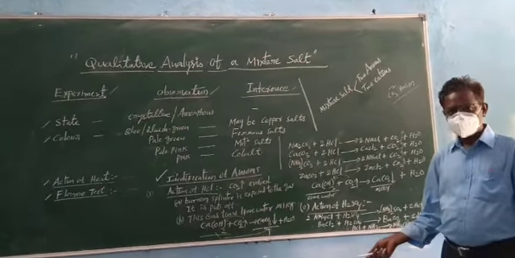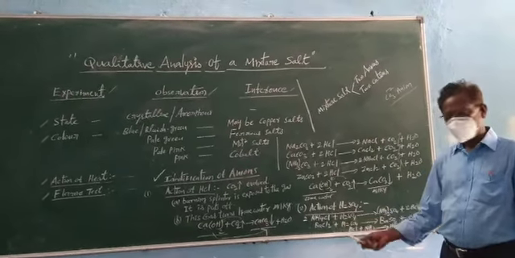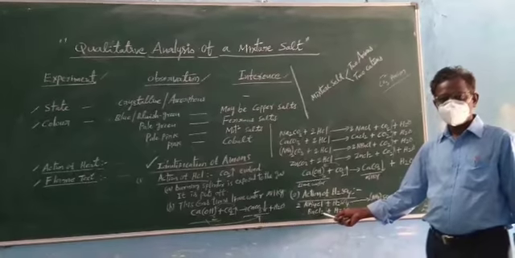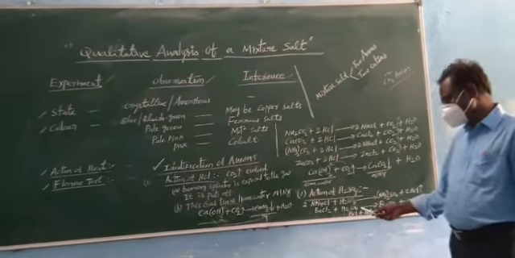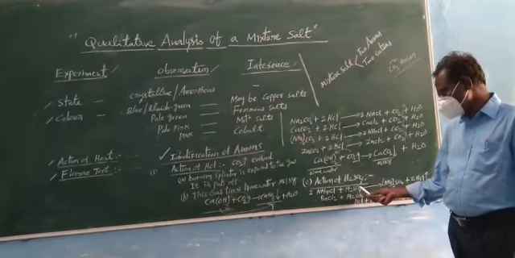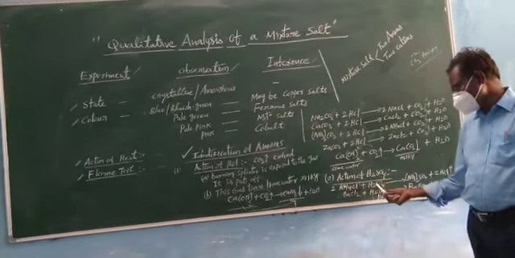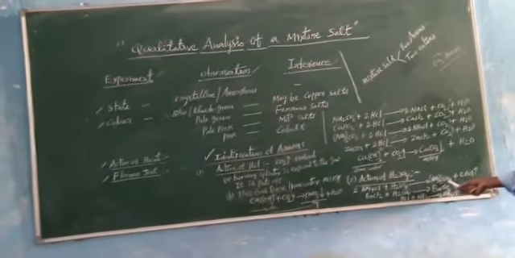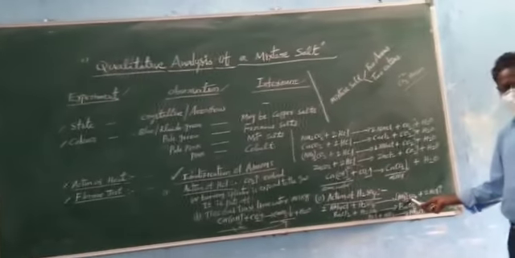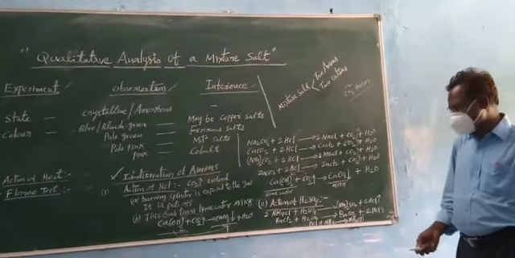Take chloride salts, for example ammonium chloride or barium chloride. Both have chloride ions. To these salts we add sulfuric acid: 2NH4Cl plus H2SO4 gives ammonium sulfate, (NH4)2SO4, plus hydrogen chloride gas.